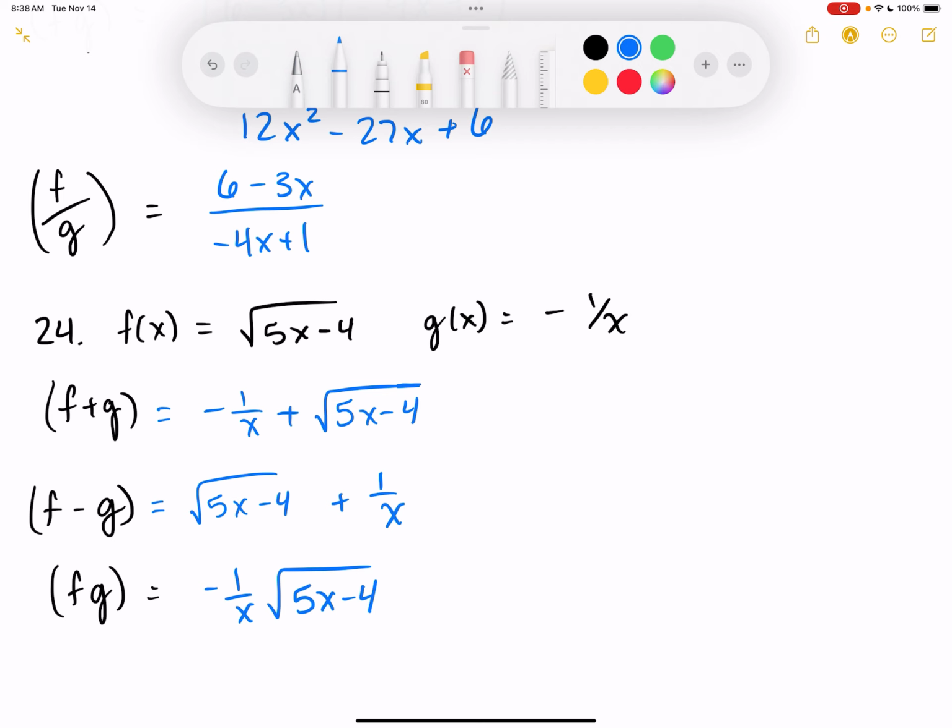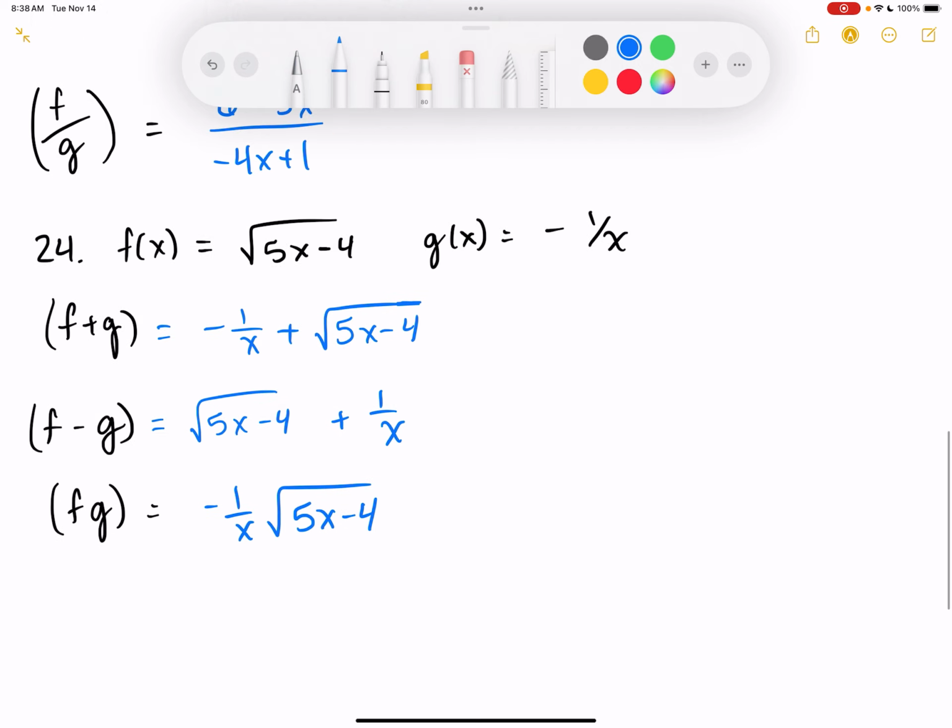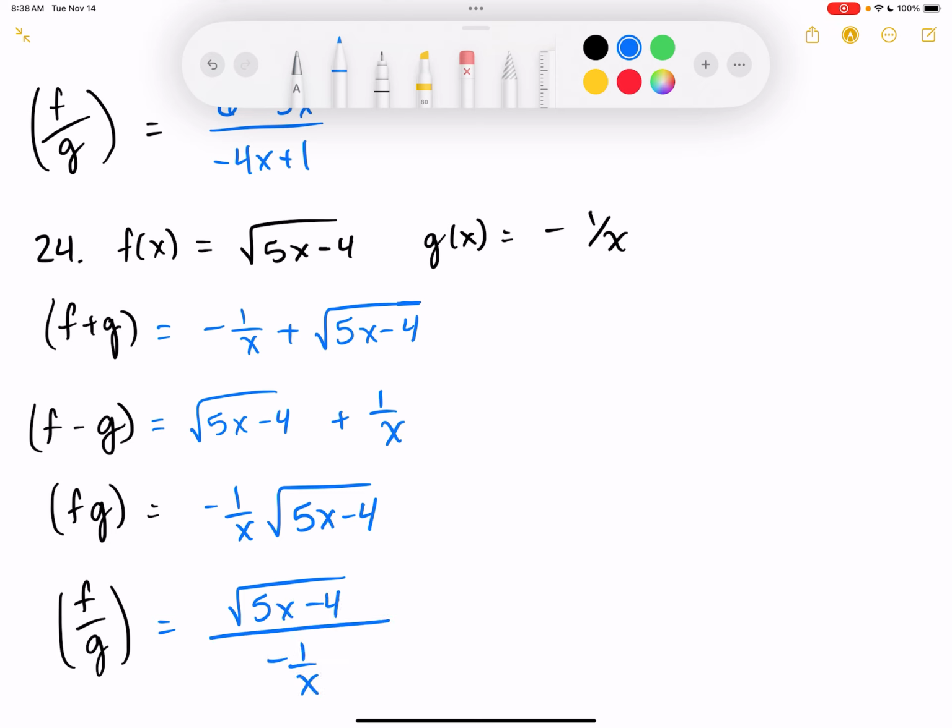And then f divided by g, this one will be the only one that has actually a little bit of work to it. We've got the square root of 5x minus 4 divided by negative 1 over x. But what happens when I divide by a fraction? It's the same thing as doing what?